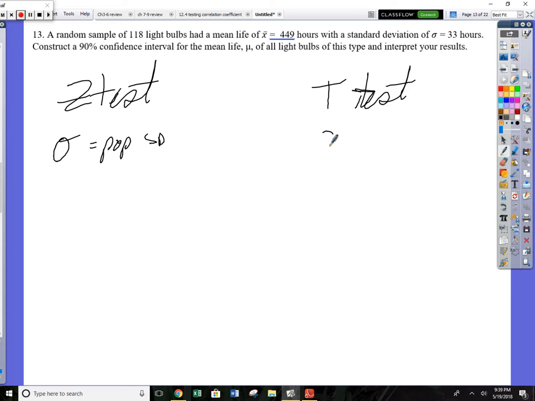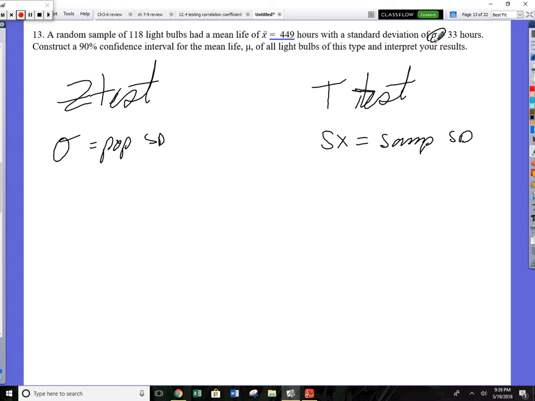Use the t-test when we know just the sample standard deviation. Now they're using this symbol, but that's not referring to the population. That's referring to this random sample of 118 bulbs. So I wish they wouldn't use that. I wish they'd use something else. That's how I interpret it anyway.